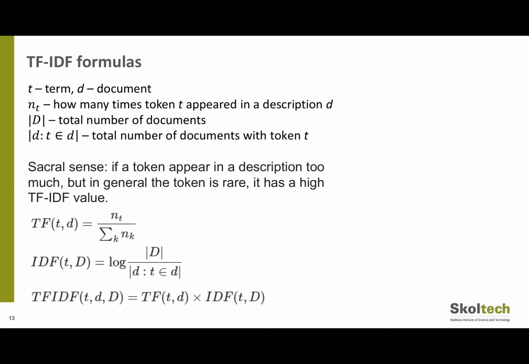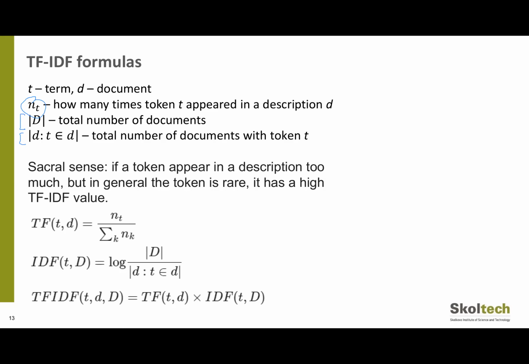So we suppose that we have some terms, tokens, and some documents. For each document, for each description, we can calculate the number of occurrences of tokens, or terms, or words. Also, we have the total number of documents, and the number of documents that include this particular token.